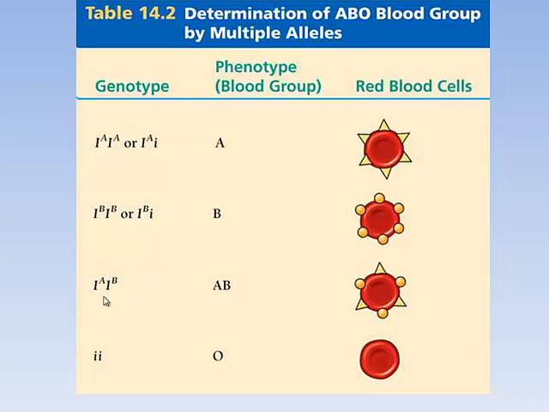For AB, there's only one combination. You have to have IA and IB. And for O, there's only one possible combination of alleles, and that's two little i's. But for type A and type B, there are two genotypes that will give you the same phenotype, right? These two genotypes will give you this phenotype.